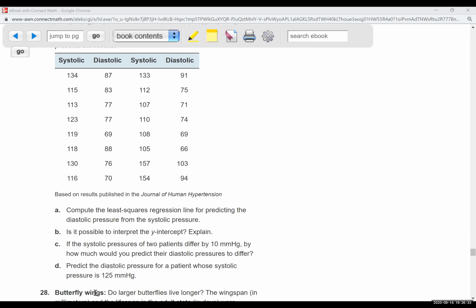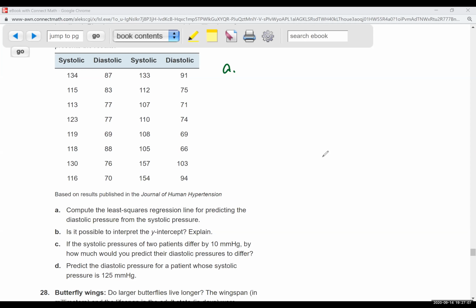Let me know when you have an answer for letter A. What is the equation of the line? No, equation of the line.